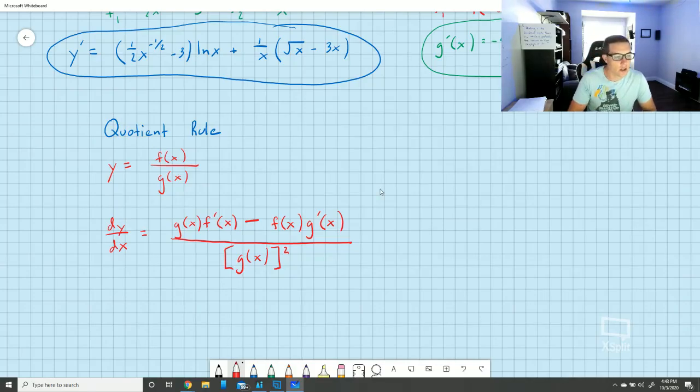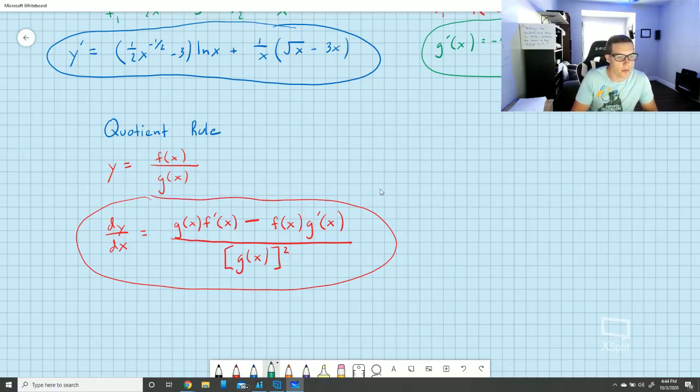Okay, that's the quotient rule. How am I supposed to remember this? Here's a little phrase to help you remember. Low d high minus high d low.